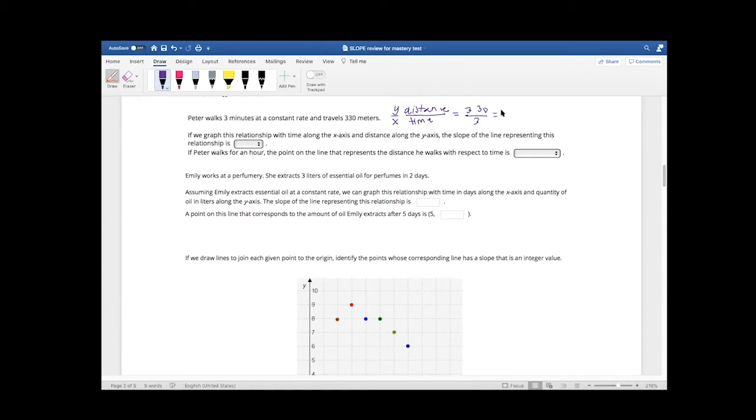So if we divide that out, we would get 110 meters per minute.